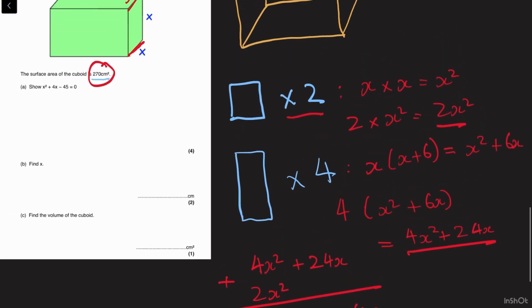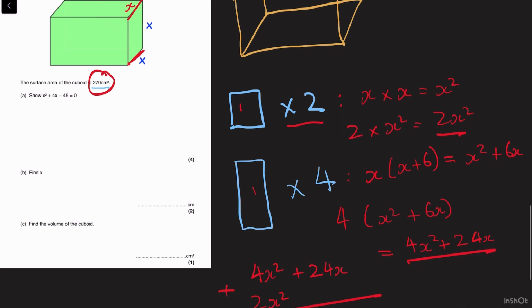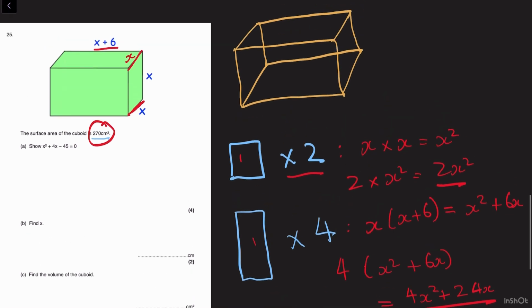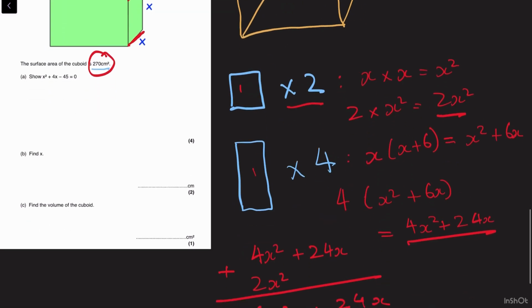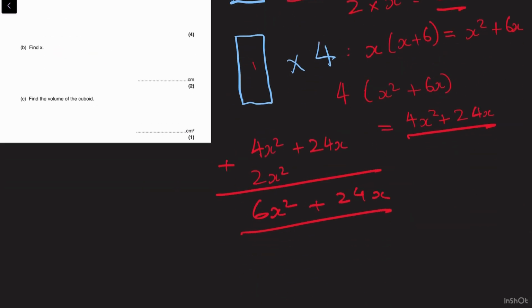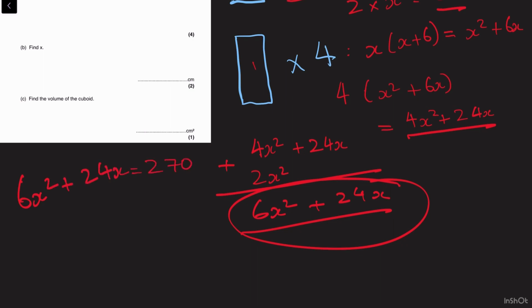So we know, because now we've worked out the surface area of this shape, and these are the only shapes that make up the cuboid, the total surface area of the cuboid has to equal the number we worked out here. So what we can write is 6x squared plus 24x equals 270. And now we want to try to simplify this. So let's divide everything by 6, and that leaves us with x squared plus 4x equals 45.